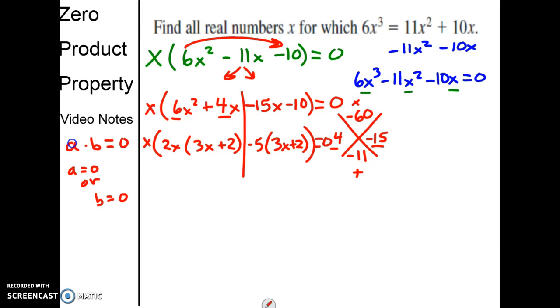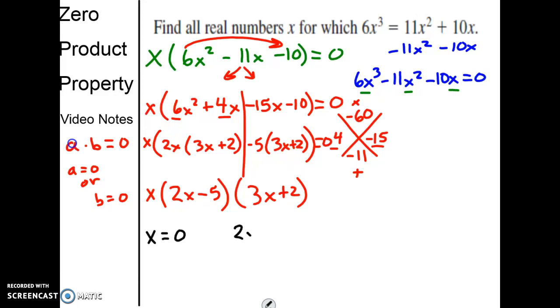Then we basically bring the 2x and the minus 5 together. So we have still the x out front, 2x minus 5, 3x plus 2. The final thing that you do, this is where the zero product property comes in, is that you set all these equal to 0. The first one is rather easy: x equals 0.